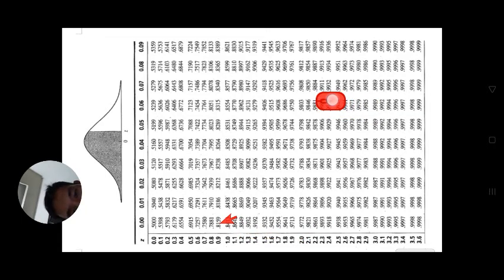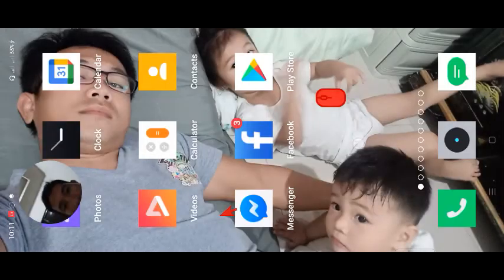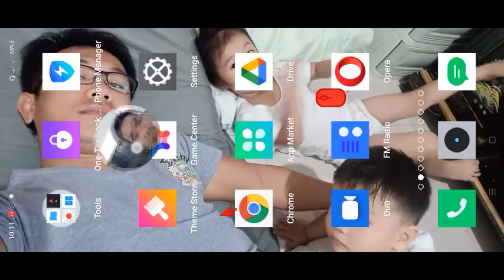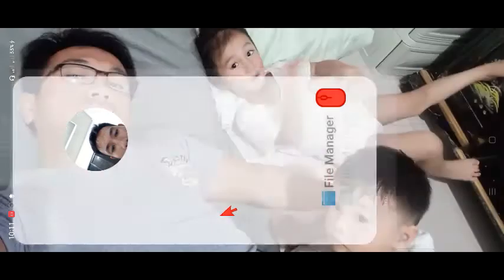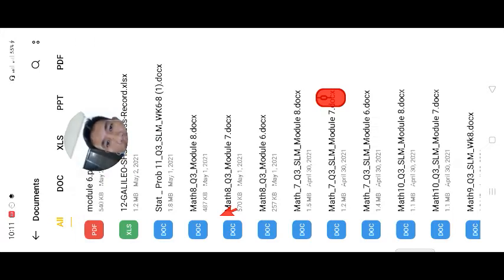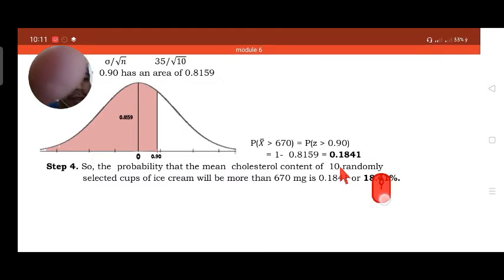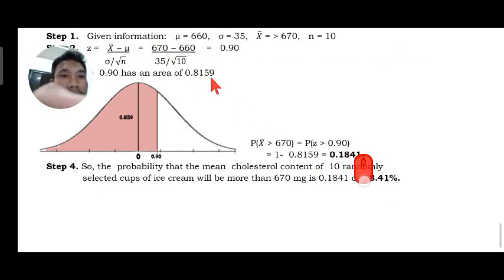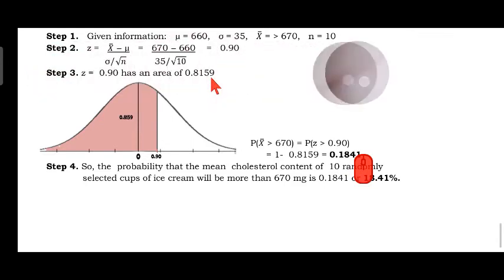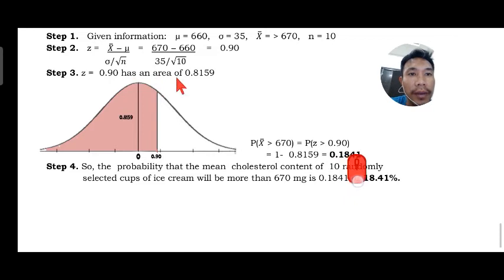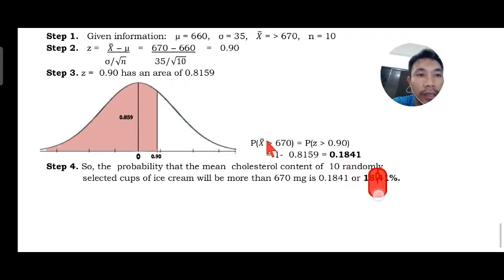We have 0.8159. Okay. So, na-close natin. So 0.8159.